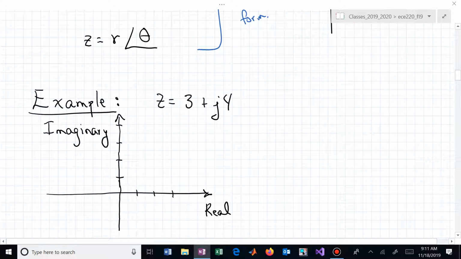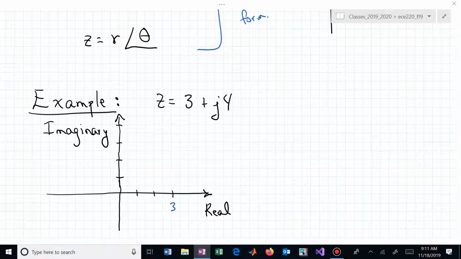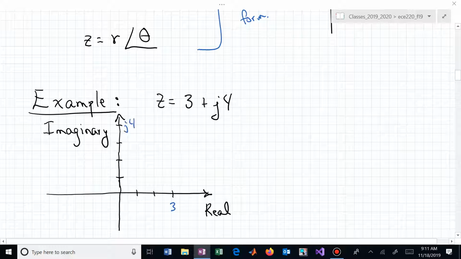Here's an example. z is equal to 3 plus j4, and I've picked those numbers for ease of computing the distance that they are from the origin. We now go 3 horizontally, we go up 4 vertically, and we end up being at that location, and we could say, oh, that's r at an angle of theta.